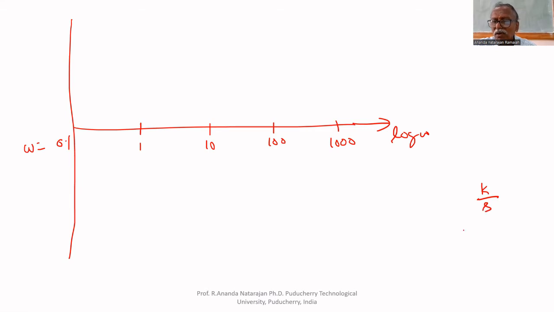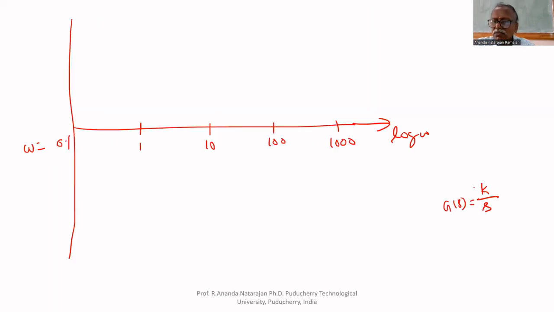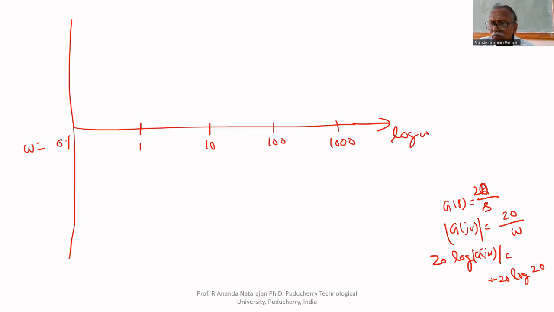K by S. G of S equal to K by S. Let us assume that K equal to 20, so 20 by S. G of j omega has modulus 20 by omega. 20 log modulus of G of j omega equals 20 log 20 by omega.